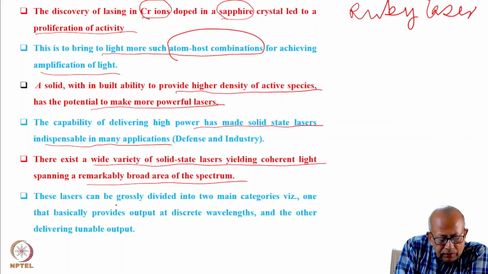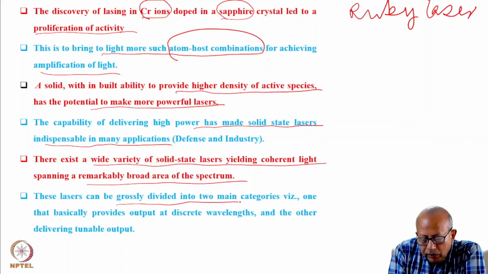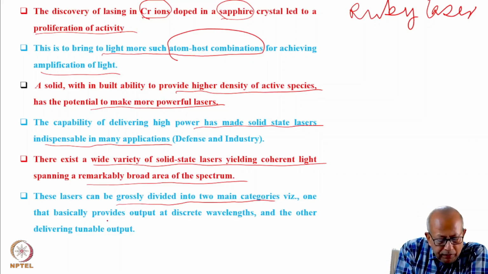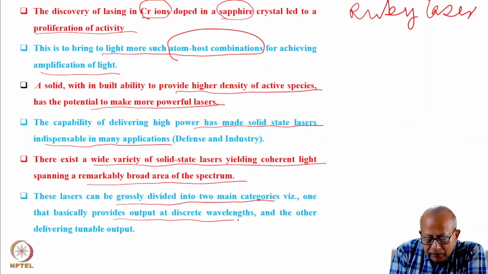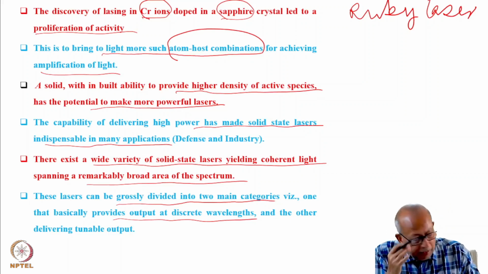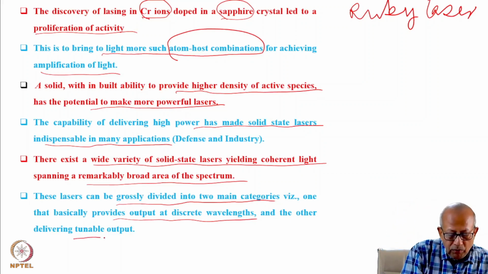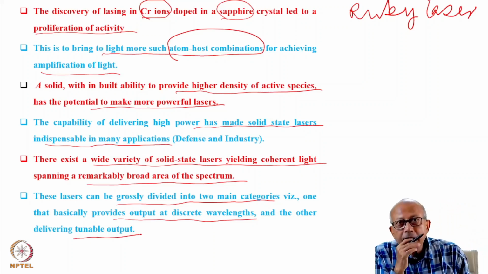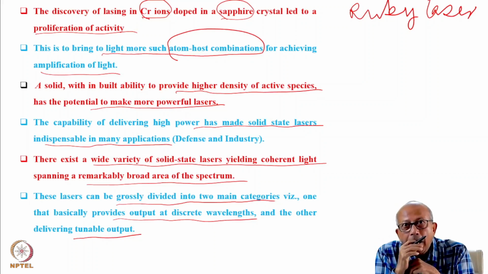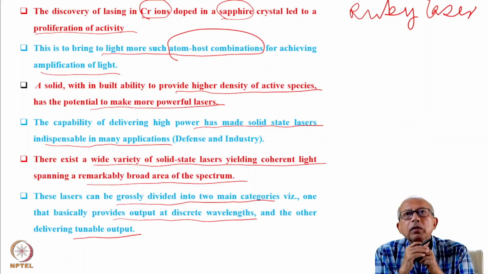Now, solid state lasers can be grossly divided into two main categories: one that provides output at discrete wavelengths, so it gives coherent light at discrete wavelengths, and the other variety that delivers tunable output. In the beginning, solid state lasers would give only coherent light at discrete wavelengths, and continuously tunable solid state lasers appeared later on the scene.